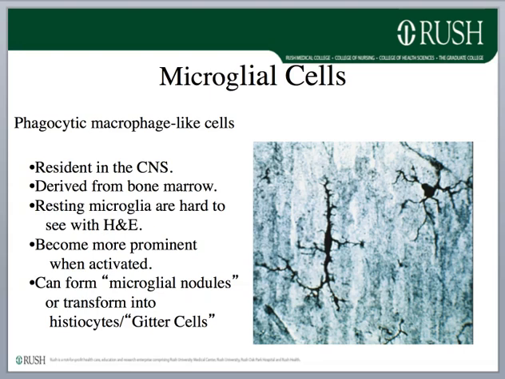They can transform into microglial nodules, which is basically just describing an accumulation of these cells, or transform into histiocytic cells, which in the CNS, we have to have a special name for these, and so they're called Gitter cells. So I'll show you a couple examples of these.